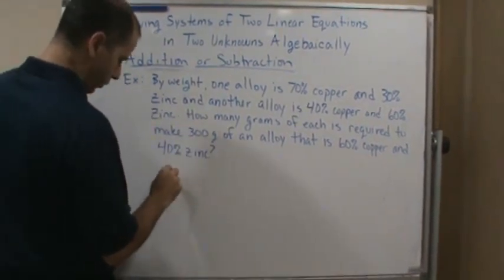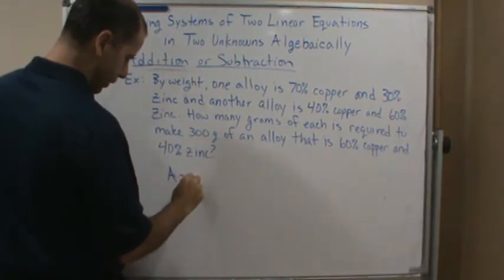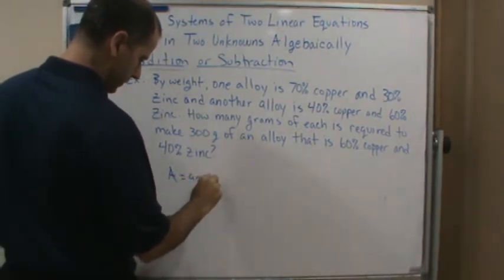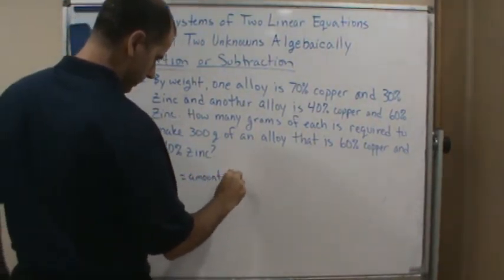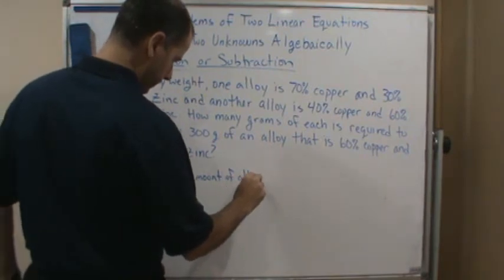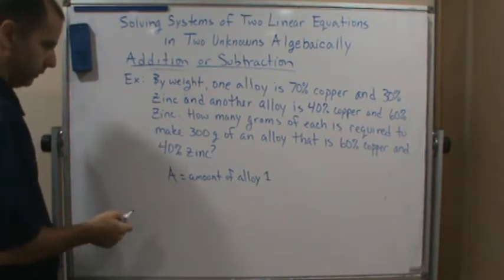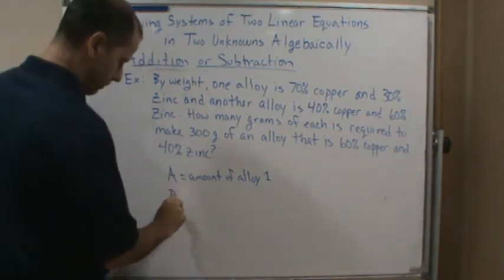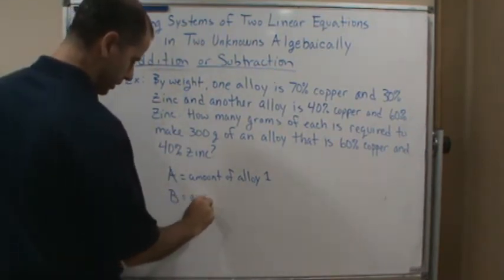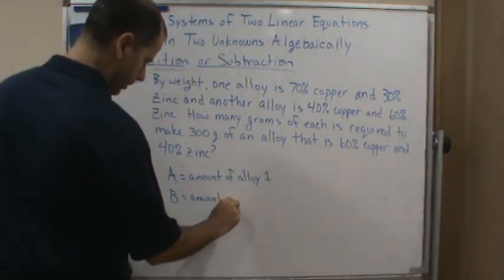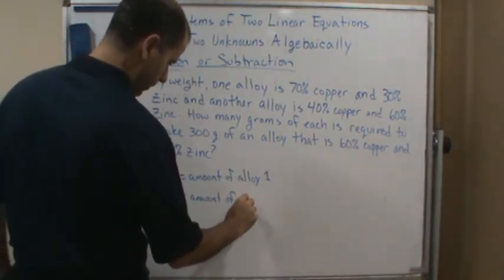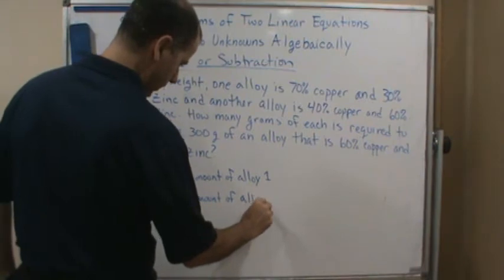Okay, so we'll say A is the amount of alloy 1, the first alloy, and we'll say B is the amount of alloy 2.